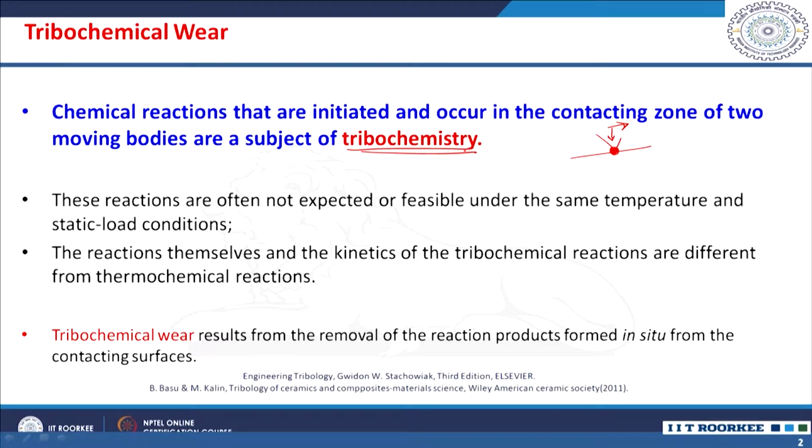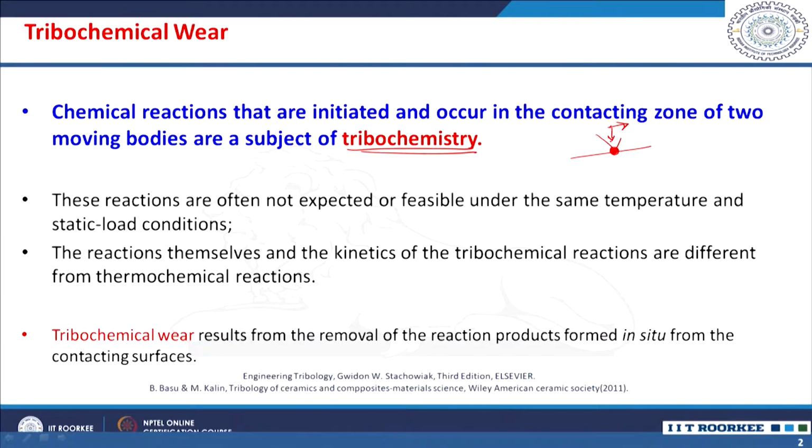So, these chemical reactions are often not expected or feasible under the same temperature and static loading condition, whereas under dynamic loading conditions, even lower temperatures are sufficient to trigger such reactions at the contacts because of the stimulated contacts, because of the high stress conditions at the contacts.